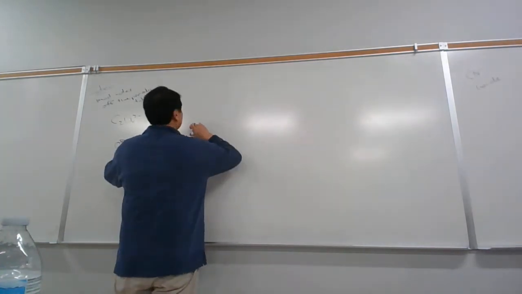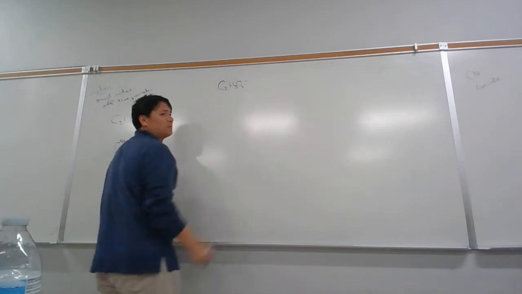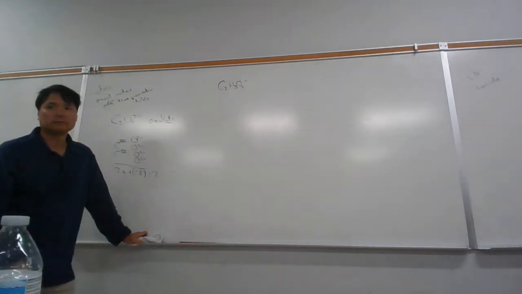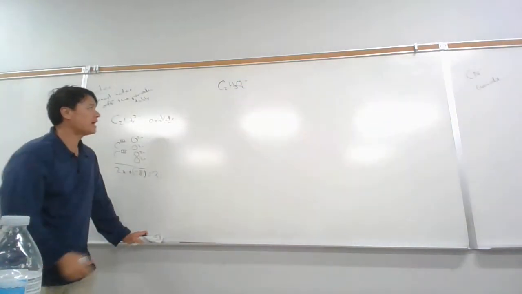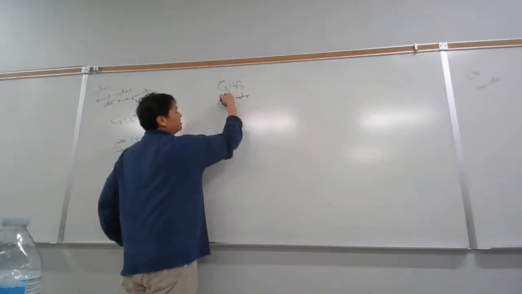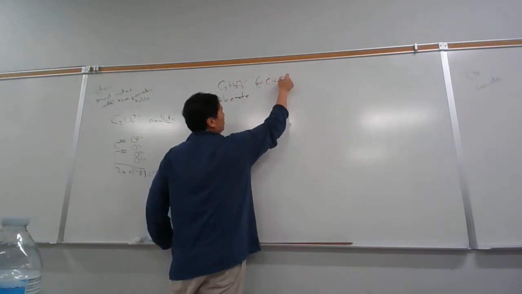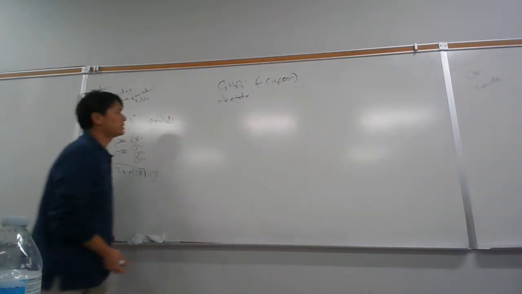So oxalate, what else do we have? This is a tough one to remember too. I should have written down acetate. There are 2 ways of writing acetate. This is one, or alternatively, we could write it CH3COO minus. This is another way of writing acetate.